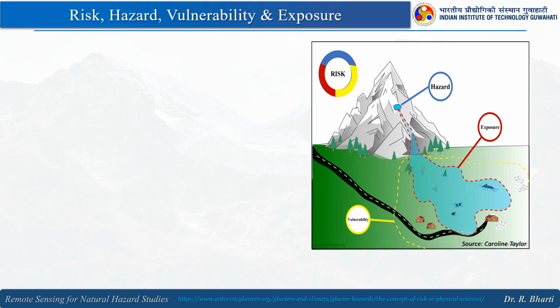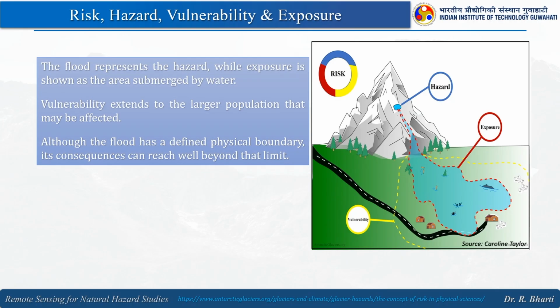So, this particular slide is meant to explain the risk, hazard, exposure and vulnerability. Now, you just try to listen to this and follow this image. The flood represents the hazard, right. So, here we have the flood. This represents the hazard, while exposure is shown as the area submerged by the water.